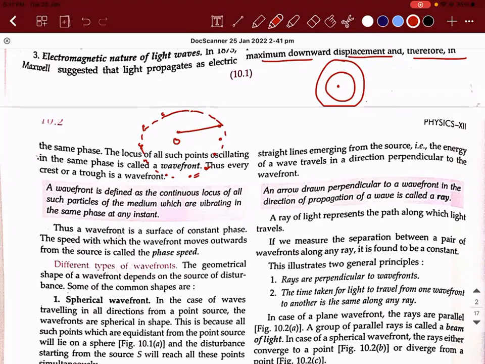I'm talking in terms of mathematics, because you wanted me to explain what locus is. A circle is basically the locus of all points which are equidistant from a fixed point. In a similar way, what is a wavefront? Please write it down. A wavefront is defined as the continuous locus of all such particles of the medium which are vibrating in the same phase at any instant.